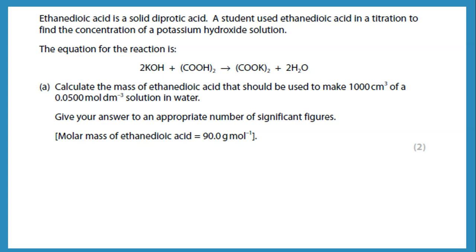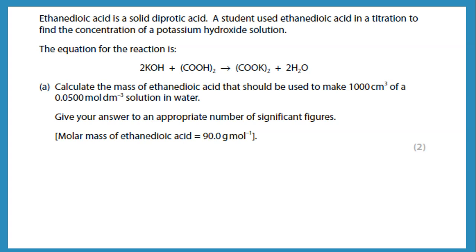And we're reacting it with potassium hydroxide. And the question is, calculate the mass of acid that should be used to make 1,000 centimeter cubed with this concentration. So I need to make this volume with this concentration, and we're asked for the mass.